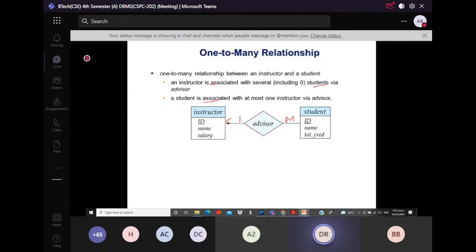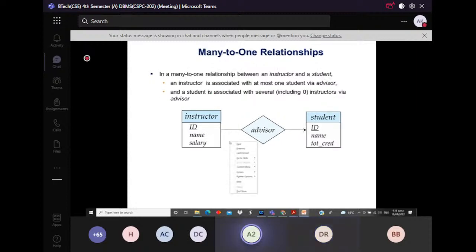Yes, ma'am. Similarly, you can see here what is the meaning of this? This is M, this is 1. Many to one. An instructor is associated with at most one student and a student is associated with several instructors, right?